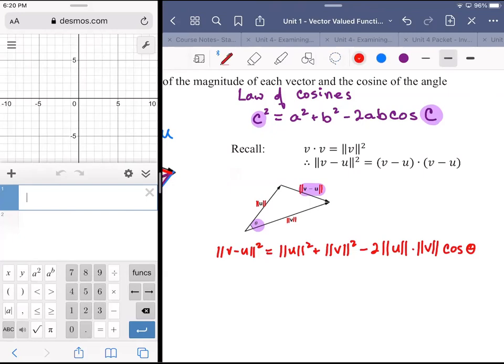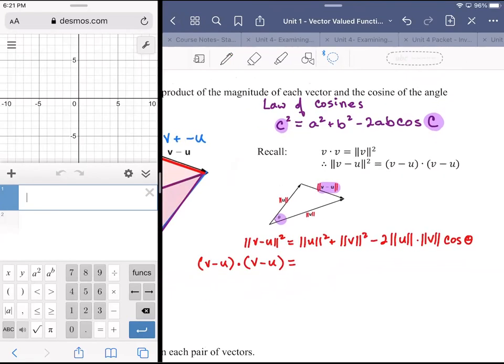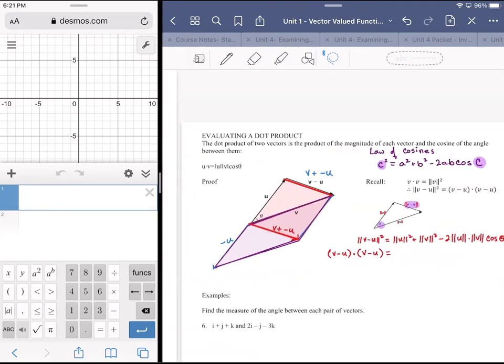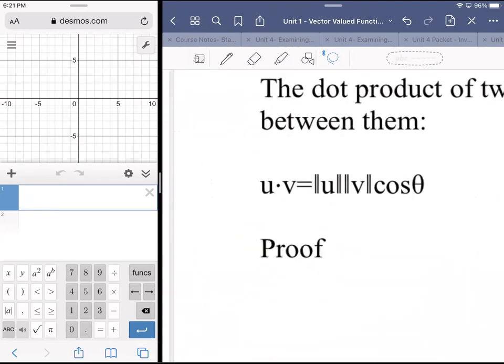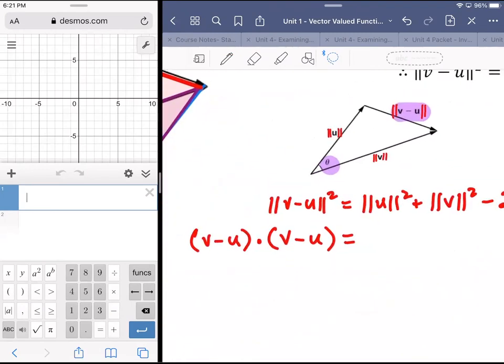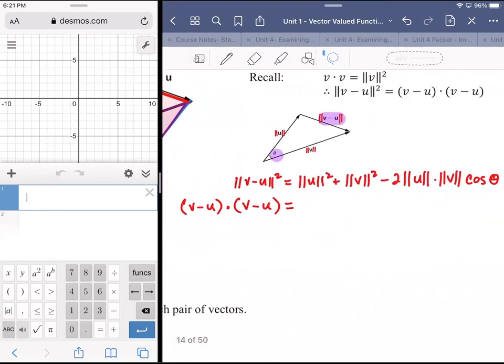I can say that the left-hand side is v minus u dotted against v minus u, and just work the left-hand side. If things don't start canceling out here, then we're in trouble, because then this is all for nothing. But we do know that we're supposed to get this rule, so things better cancel out.